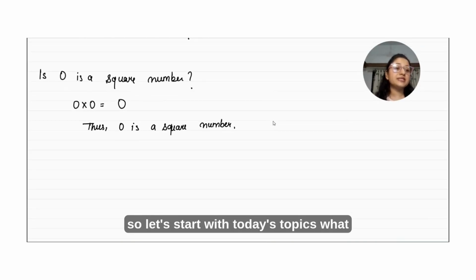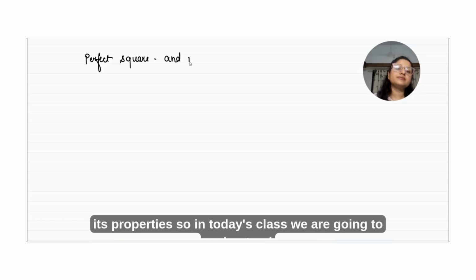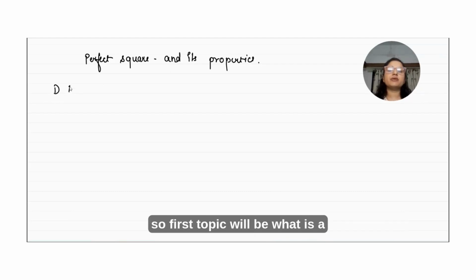Fine, so let's start with today's topics. In today's class, we're going to understand what perfect squares are and their properties. First topic will be what is a perfect square.